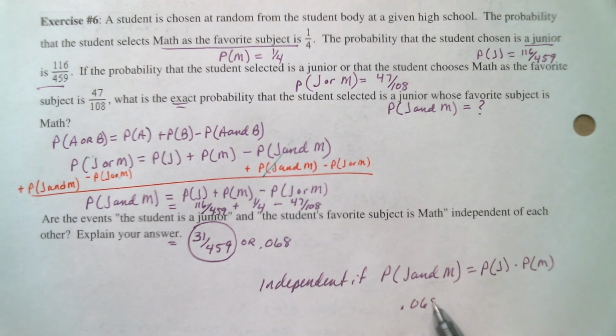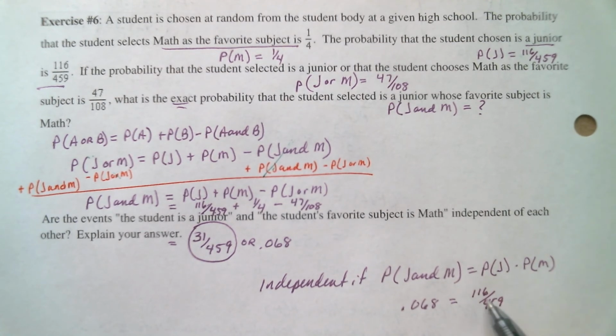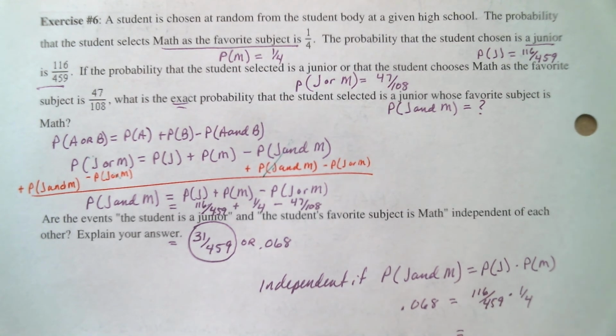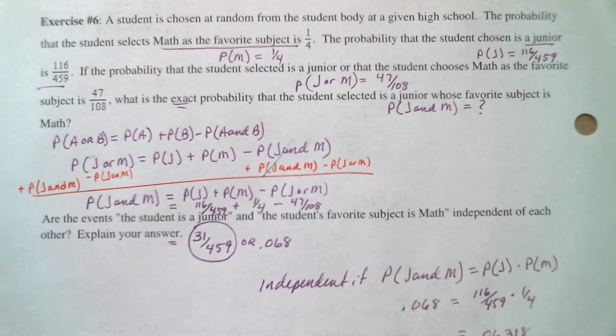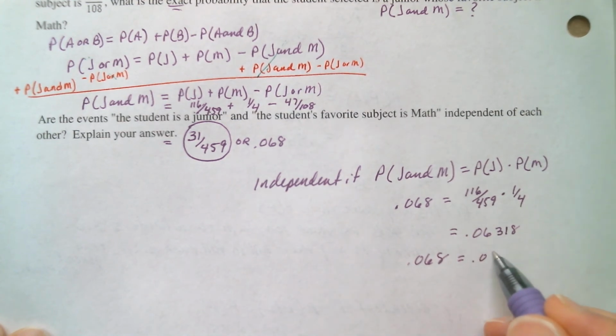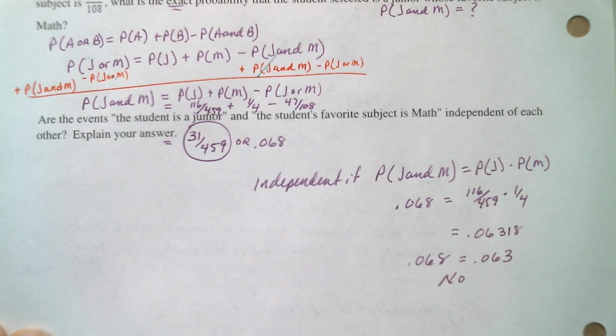So is 0.068 equal to junior, 1/16 over 459, times math, 1/4? This is 0.06318 something. Does 0.068 equal 0.063? No. They are not independent.